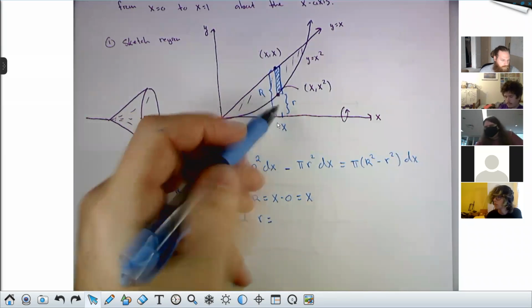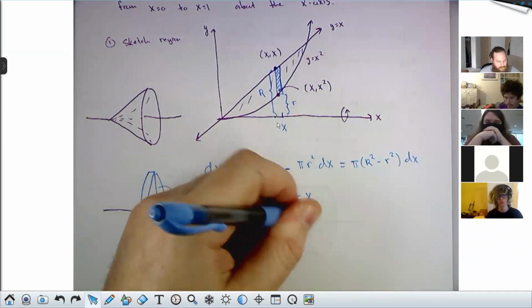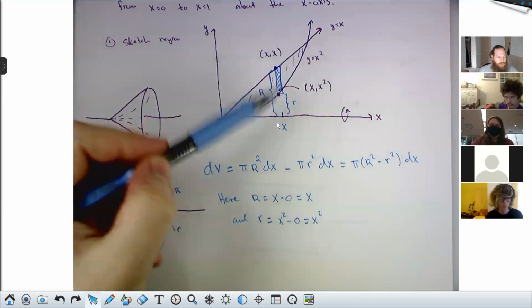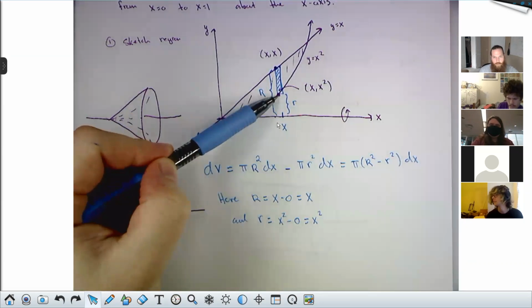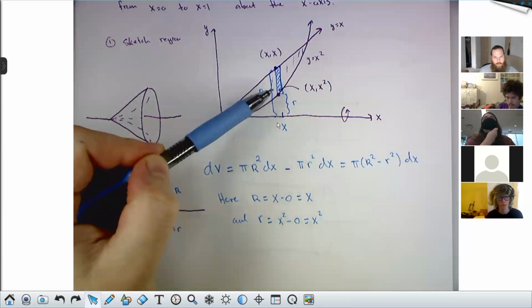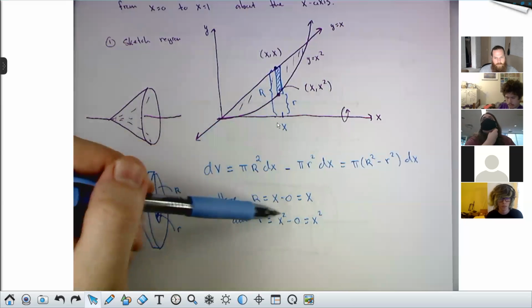So that distance is x squared minus 0, or just x squared. Remember, to find a vertical distance, we just subtract the big Y value minus the small y value. Up here, the Y value is x squared. Down here, the Y value is 0. That's x squared minus 0, or just x squared.